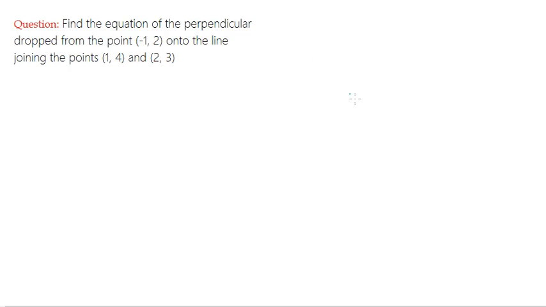Okay, so you have a perpendicular that's dropped from a point onto a line, and we just draw a rough diagram of what this might look like. This may not even be the representation of this line, but let's just get a drawing. It could mean there's a line like this, which is the line 1, 4, 2, 3, and there's a perpendicular that's dropped from somewhere here probably.